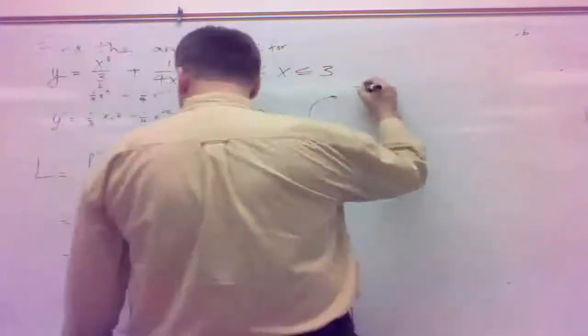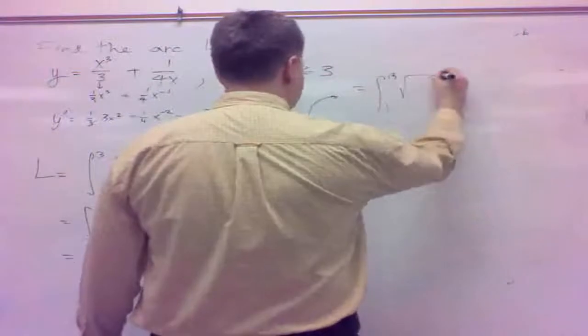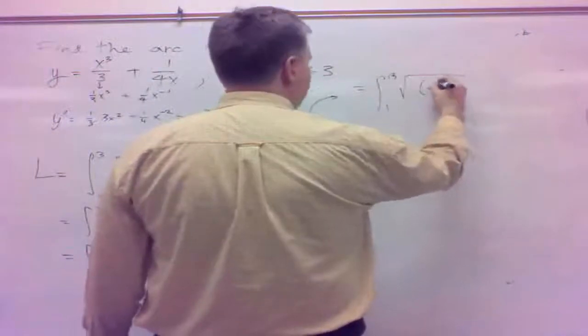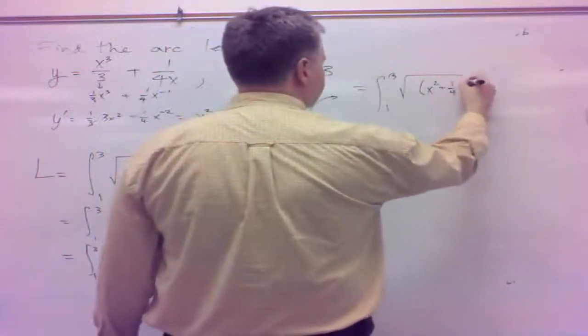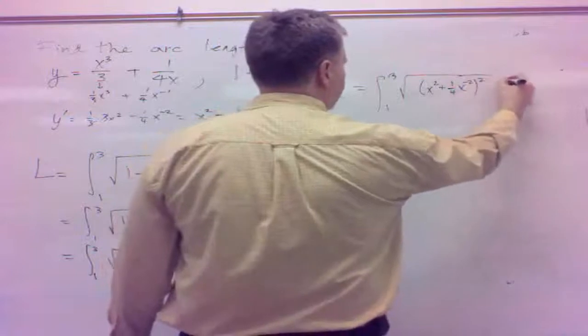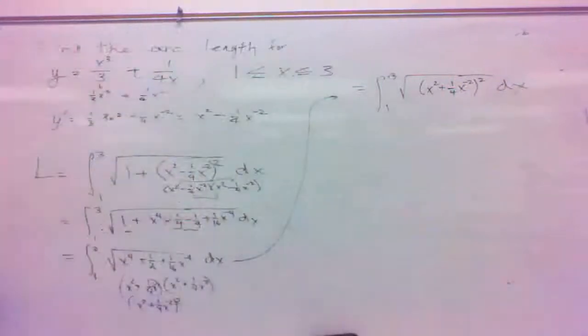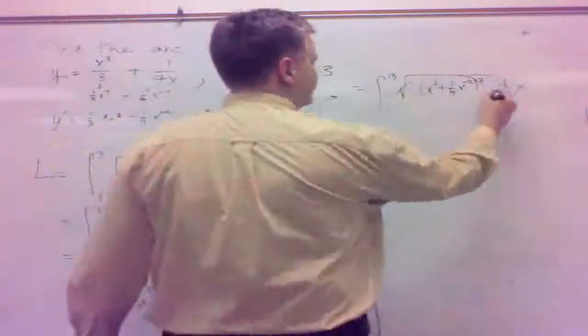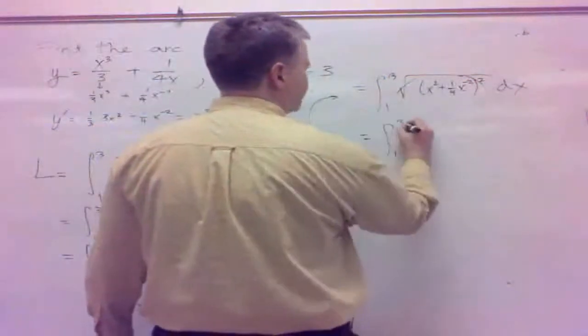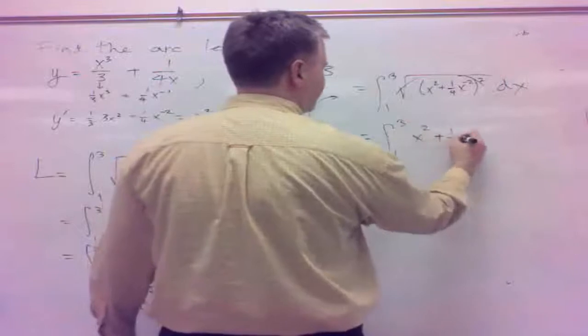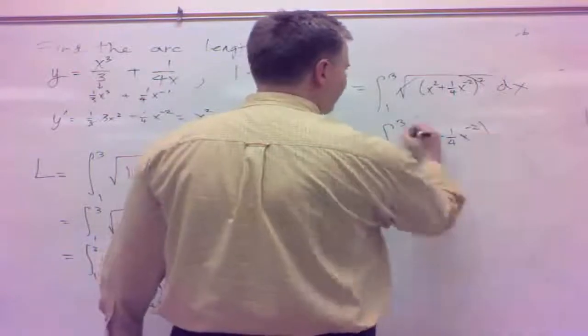So that factors into the integral from 1 to 3 of the square root of x squared plus 1/4 x to the minus 2, squared. They had to choose those really carefully, because now what happens? The square root and the square cancel. We just have x squared plus 1/4 x to the minus 2 now, dx. Okay?